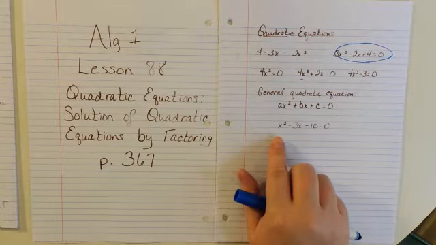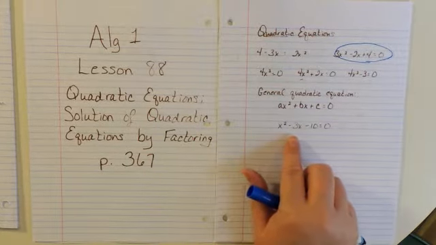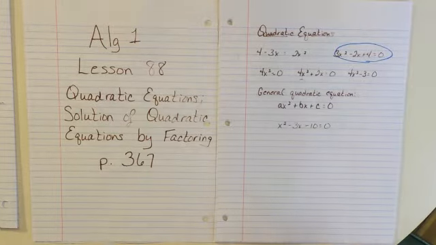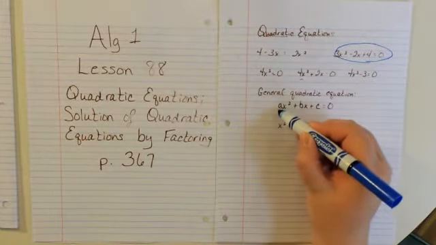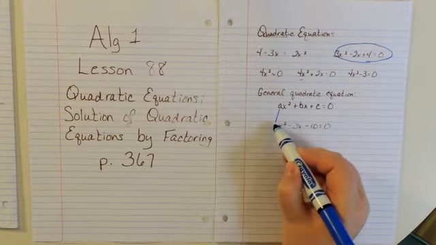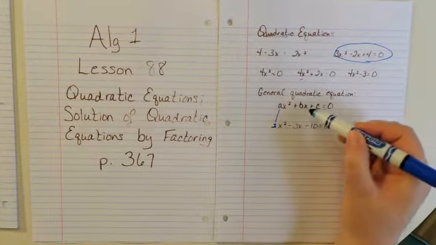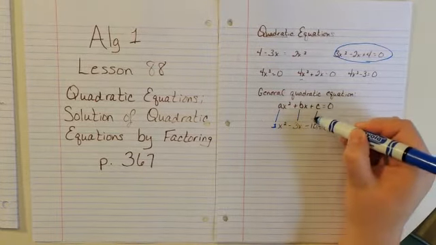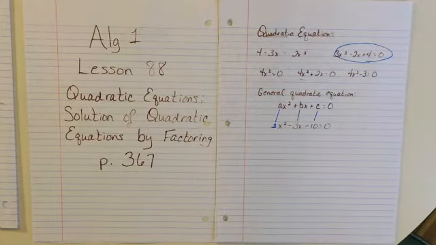Okay, so here's an example. We have x squared minus 3x minus 10 equals 0. So in this case, our a is actually an implied 1, right? Our b is a negative 3, and our c is a negative 10.